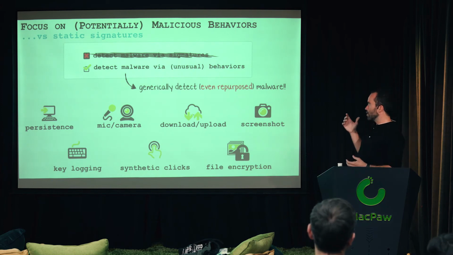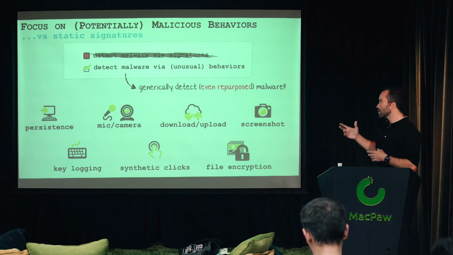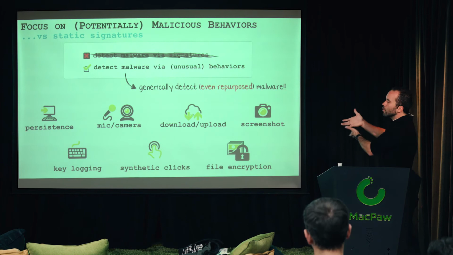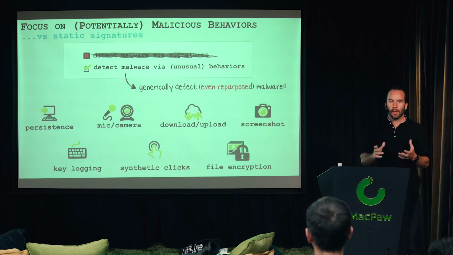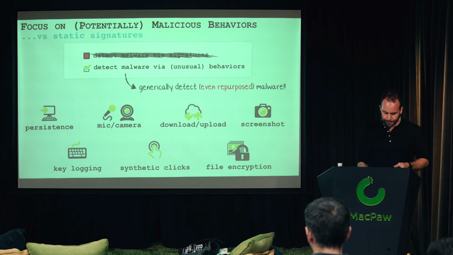So if the backdoor tries to turn on the mic or the webcam to spy on the user, or installs a keylogger, even if an attacker repurposes that, it's still going to do those same behaviors. So if we're keying off those behaviors versus a sequence of bytes, this will allow us to detect both the original sample and any repurposed variants.